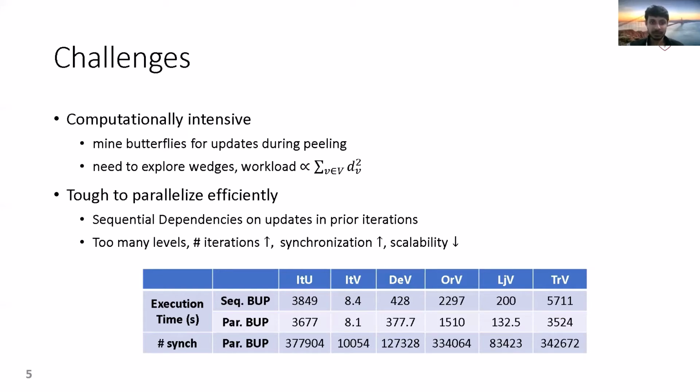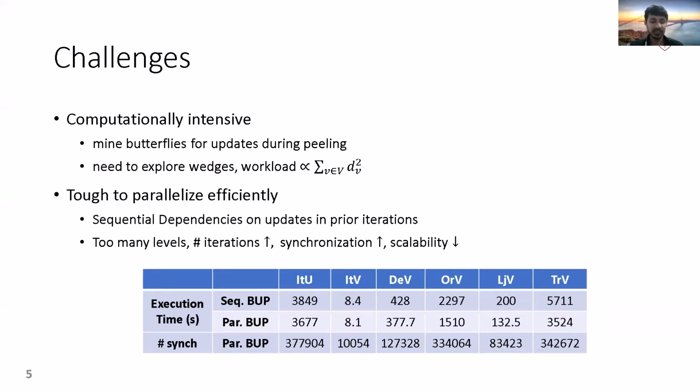The second problem with this approach is that it is also tough to parallelize efficiently because the tip decomposition hierarchy typically has a lot of levels. For each level, you may actually require multiple iterations to construct that particular level itself. So overall, it leads to too many iterations, and each iteration is sequentially dependent on the updates in previous iterations. So you cannot parallelize workload across the iterations.